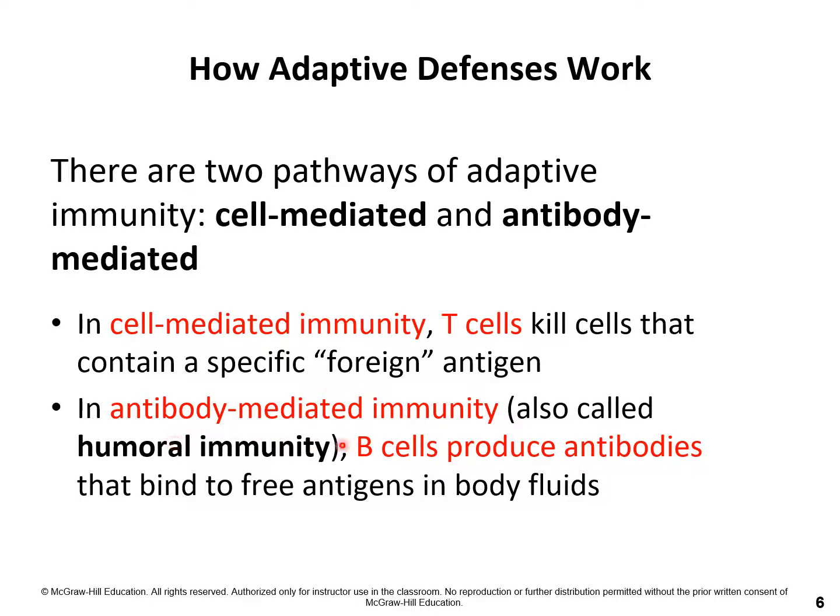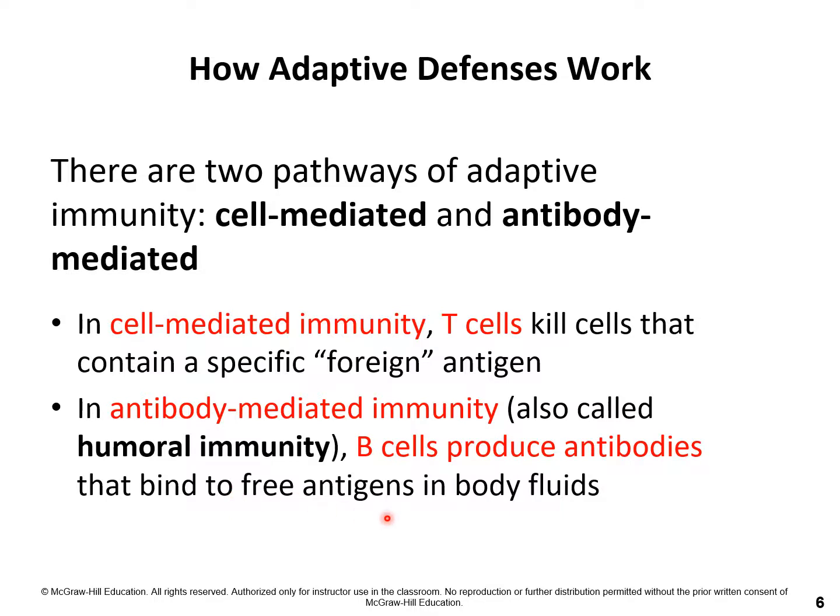The antibody-mediated immunity, also called humoral immunity, is where the big players are the B cells, or the B lymphocytes. The B cells produce antibodies that bind to free antigens in the body fluids.